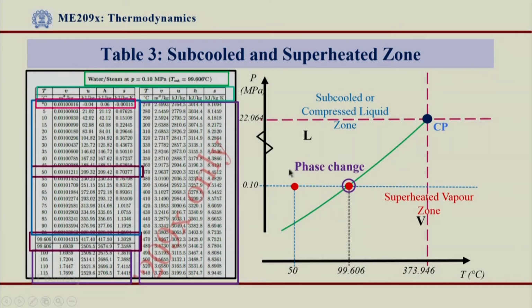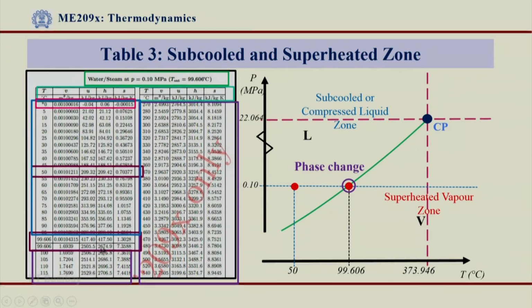Because I am travelling from the subcooled or compressed liquid zone, when I go on increasing the temperature, I will first hit the saturated liquid line, and the properties of the saturated liquid, 100% liquid, will be taken from this first temperature 99.606. So, these are my Vf, Uf, Hf and Sf. The next, at the same point 99.606, is the saturated vapor line, and what I get here is Vg, Ug, Hg and Sg.